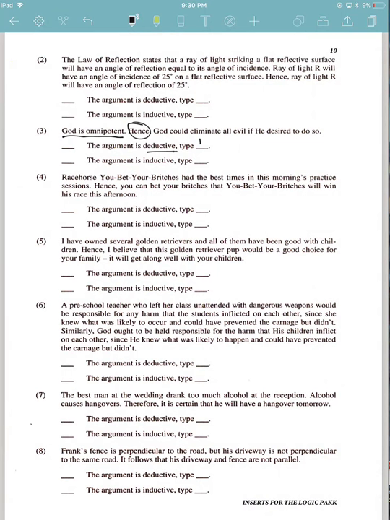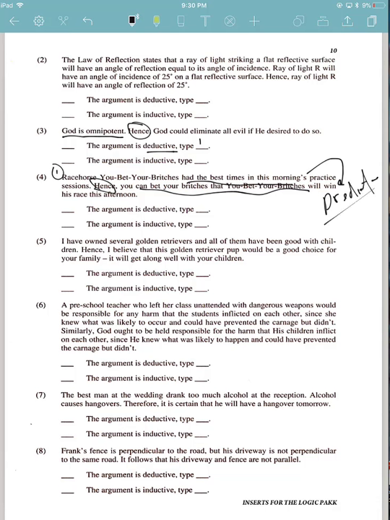I'm just going to go through a bunch of these. And here, this one is racehorses had the best times in the morning. Therefore, what's it saying? You can bet your britches that this horse will win. Now what's interesting about this one is it's concluding that this is actually a prediction, because it's drawing on previous events.